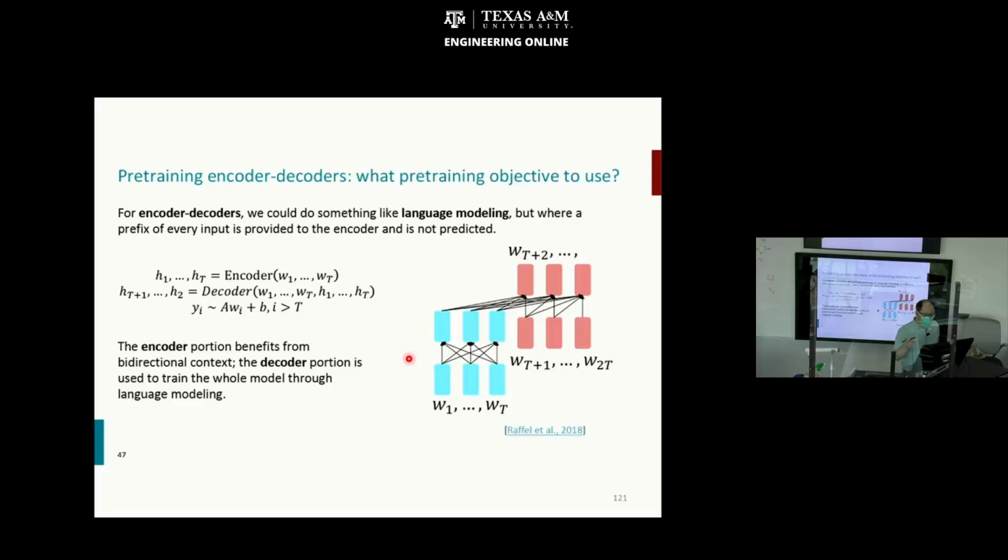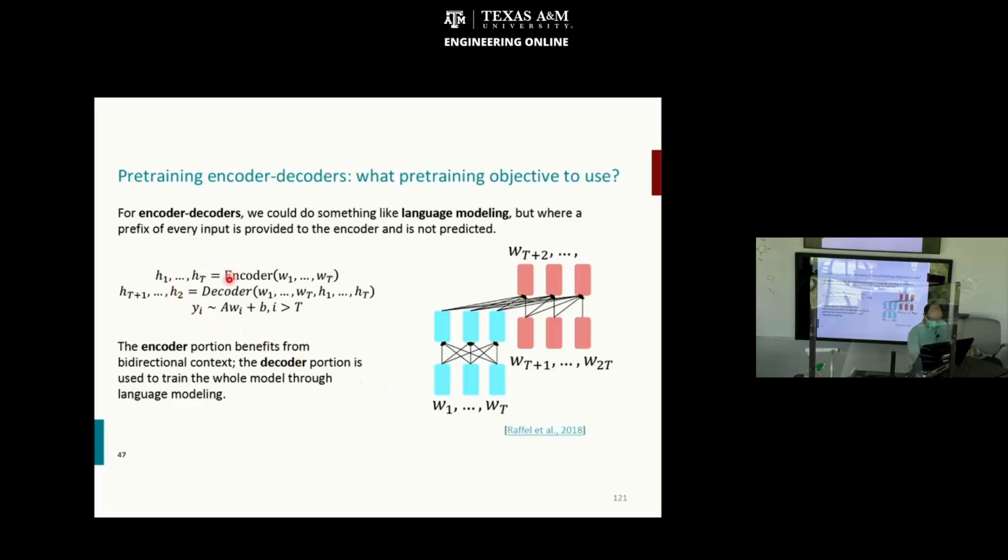We could do something like language modeling, but you have to wonder, where a prefix of every input is provided to the encoder and is not predicted. Let's look at this expression again.